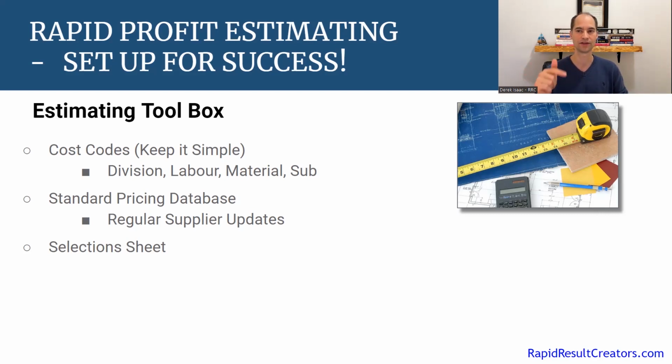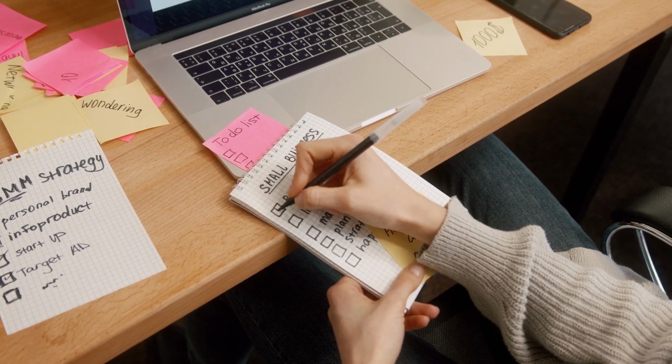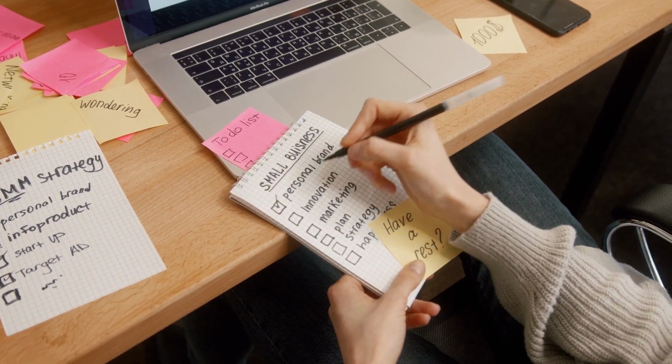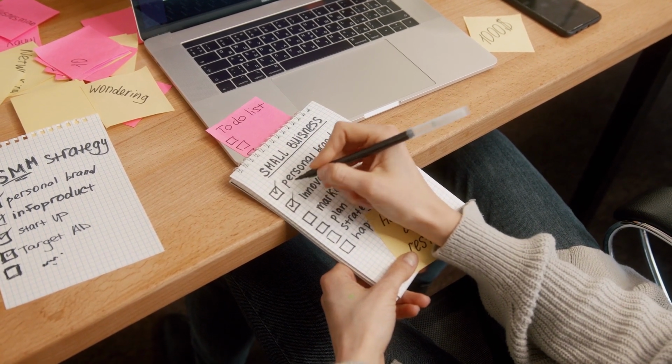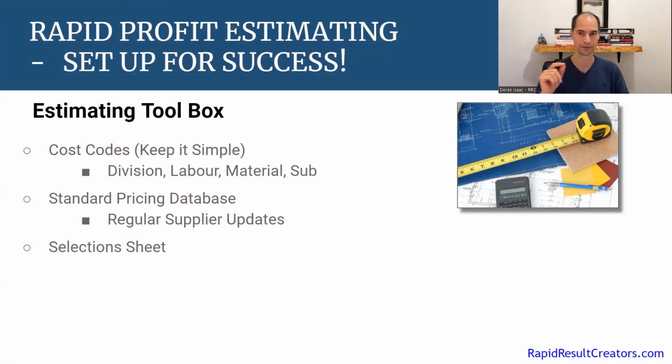And the reason you want this for your estimating is you're probably going to have allowances for basic things before, just to get a quick rough draft to the client. But later on, when you do a proper budget of what it's actually going to cost the client, you're going to need a selection sheet because you need to track what you're charging.